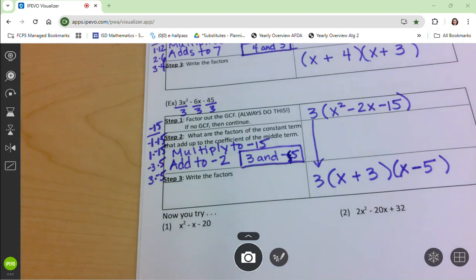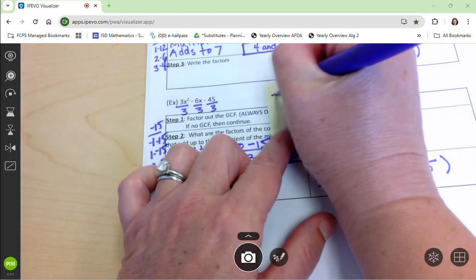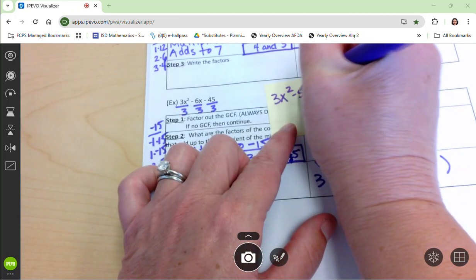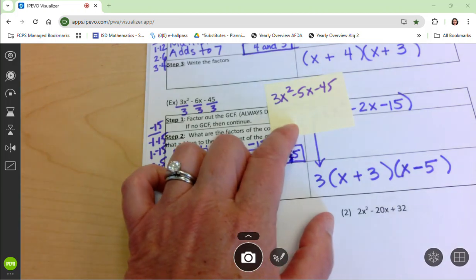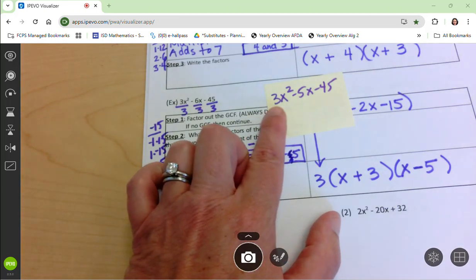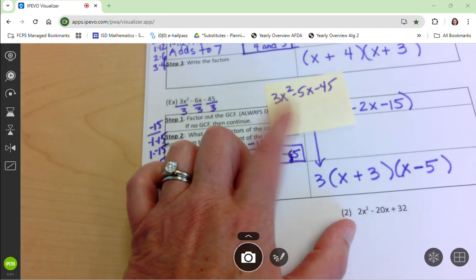I'm going to give you an example of a problem that he's talking about, and this is not something that I've taught you today, so that's going to happen next class, okay? But he's saying, what if it was like 3x squared minus 5x minus 45, right? There's no GCF, and there's a number in front of the x squared. This is a harder kind of factoring. We're going to learn this next class, okay?